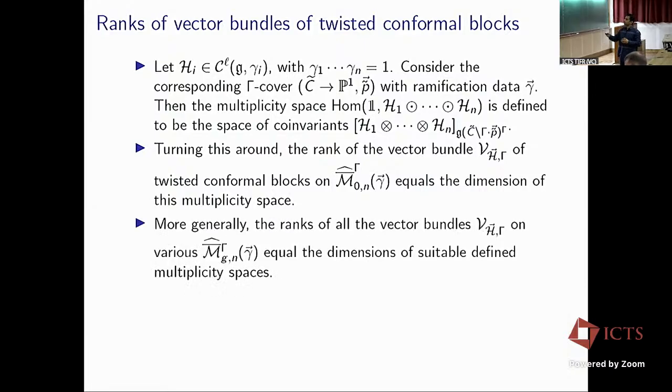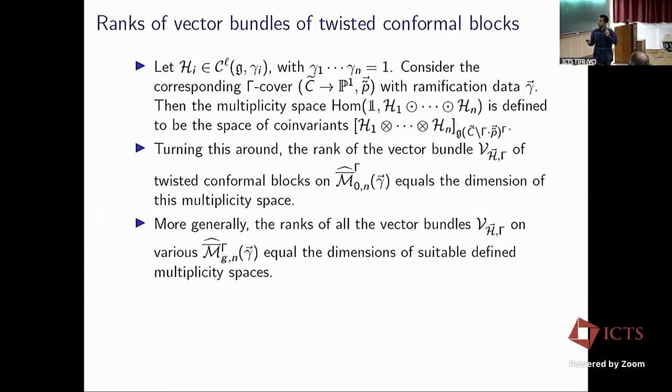In fact, you can do this for all vector bundles of conformal blocks. Every vector bundle of conformal blocks on all of these stacks, now allowing arbitrary genus, computes the dimension of some multiplicity space in this modular fusion category. This goes back to how we identify a modular functor and the structure of a gamma-crossed modular fusion category.